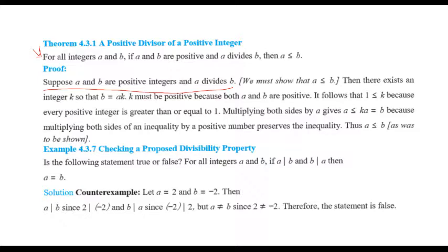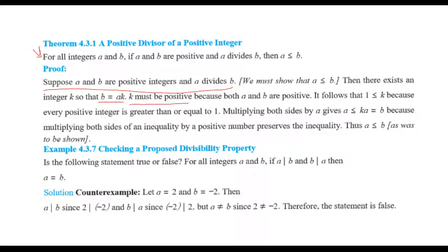So since a divides b, there exists an integer k so that b is equal to a times k, right? And then since both a and b are positive, k must be positive. So what we got here is b is equal to a times k, and k is positive because both a and b are positive.